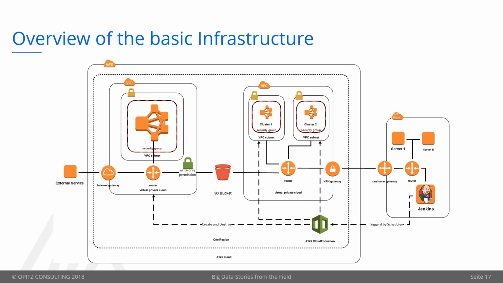Jenkins is used for scheduled data processing jobs. It creates a CloudFormation stack and adds the steps which start the Spark jobs to process the data. After the last step has been finished, the previously created stack will be deleted. The core idea of using Jenkins is the orchestration out of the local network of the customer.